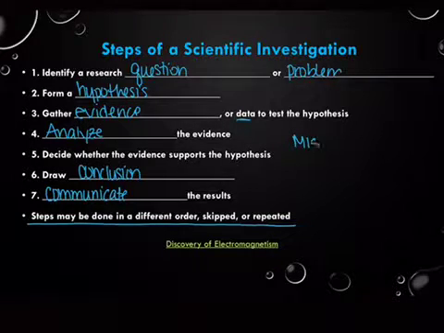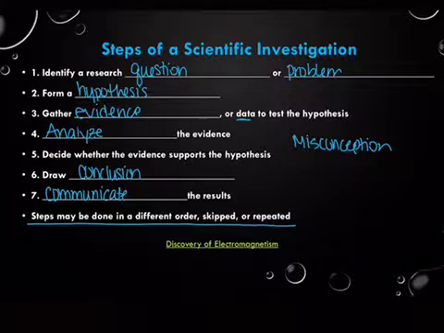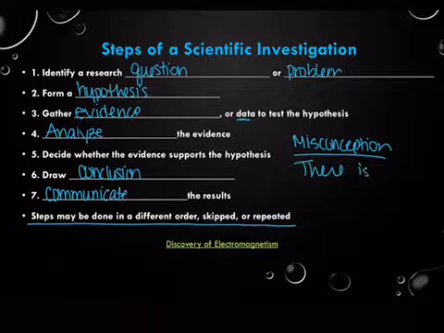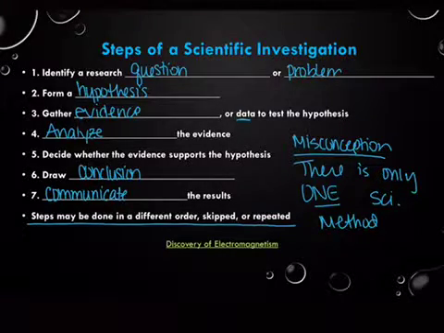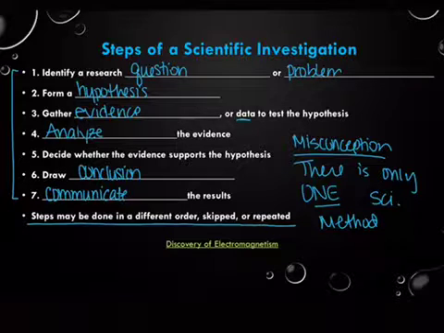One big misconception is that there is only one scientific method. And that's just not true. Each scientist is going to use these steps however many times they need to, in whatever order they need to, that best fits the type of research they are doing.